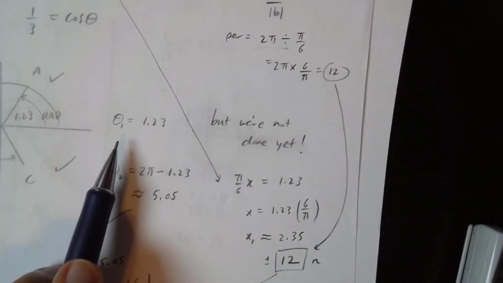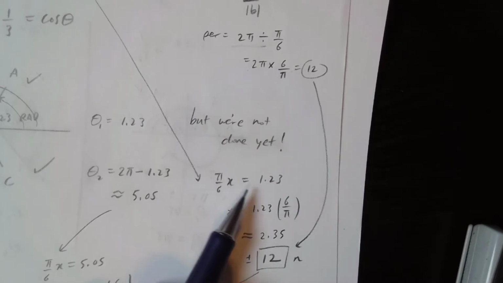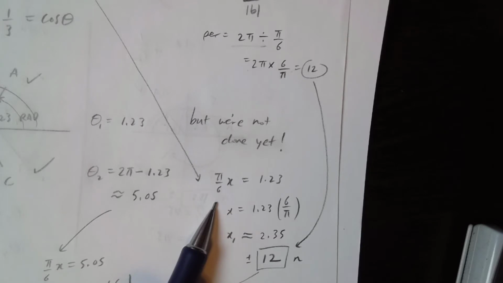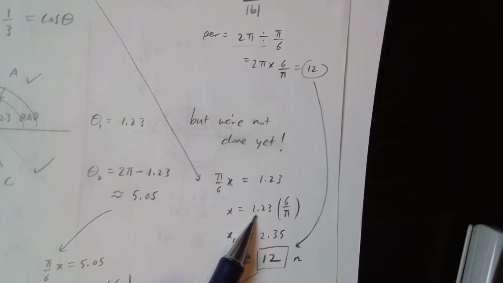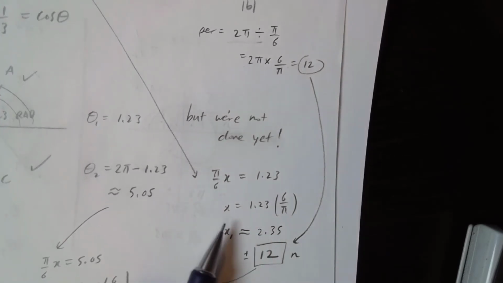So we replace theta with π/6 x, and this equals 1.23. We multiply both sides by the reciprocal so that this coefficient of x cancels out. Using a calculator, we get 2.35-ish. This is a real solution.